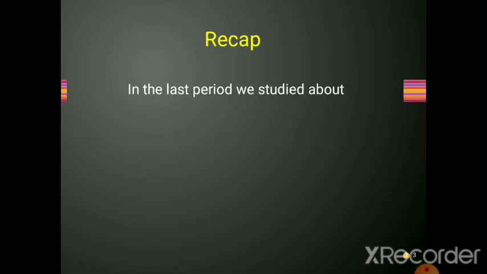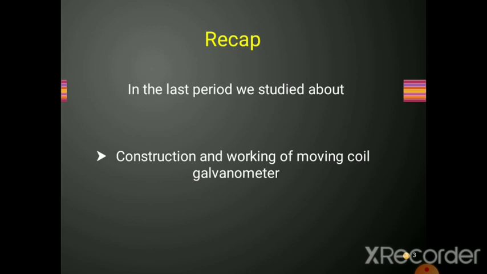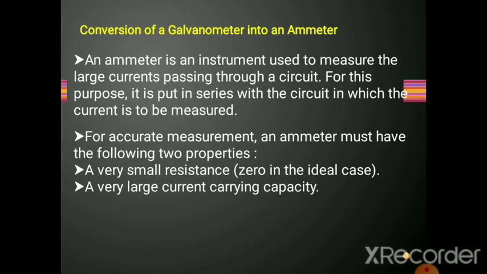Before moving on, let us recall what we studied in the last period: the construction and working of the moving coil galvanometer. So let us see how we can convert a galvanometer into an ammeter.